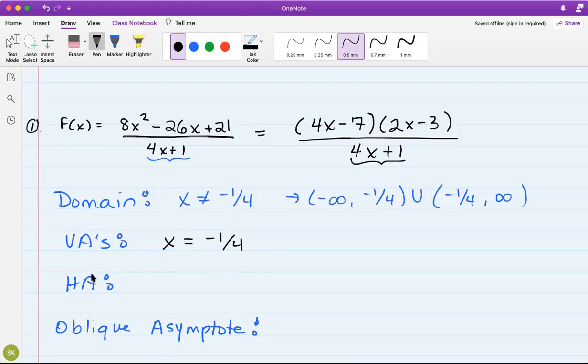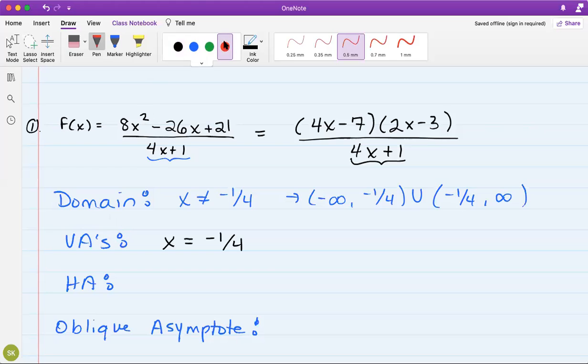Now, for a horizontal asymptote, we're going to have a horizontal asymptote for two cases. One case is when the degree of the numerator is less than the degree of the denominator, and the second case is when the degree of the numerator is equal to the degree of the denominator.